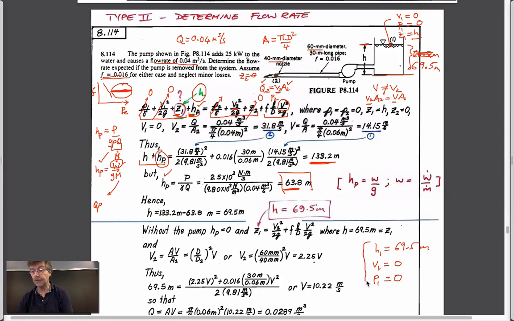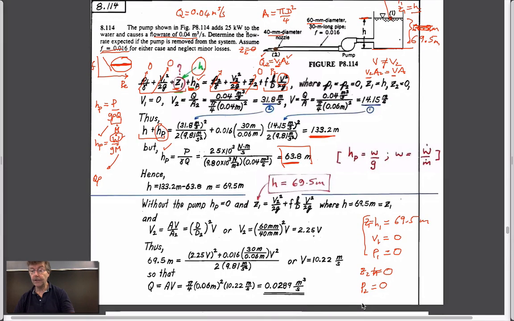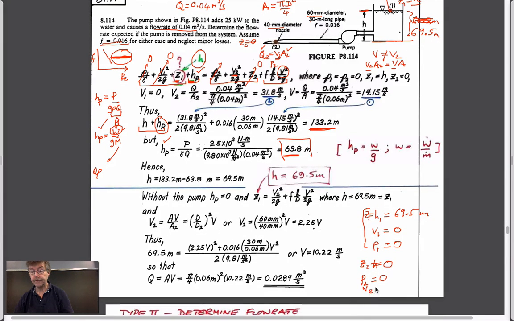So certainly we can write it upstream, we know everything. Downstream, what do we know? We know the head, this is Z. Z2 equals 0. It's coming out atmospheric. And we don't know velocity 2. So what we can do is write Bernoulli again.